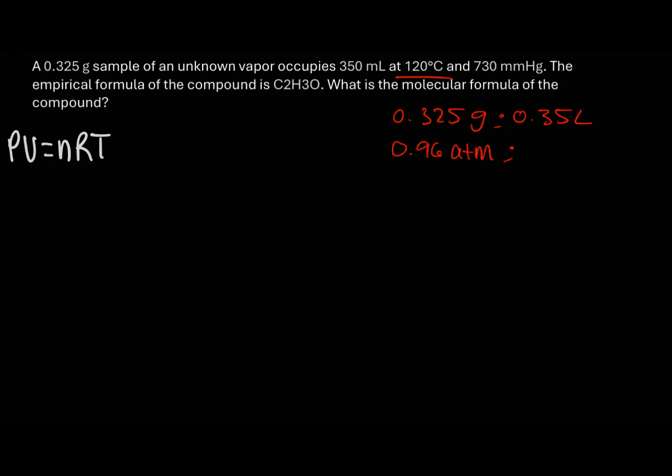So 120 Celsius plus 273.15 will give us our total for Kelvin, 393.15 Kelvin.